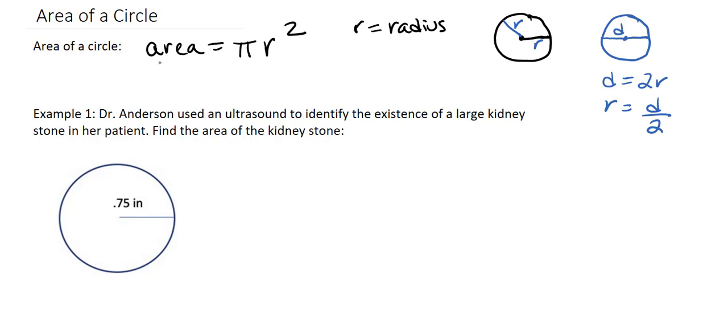So this is our area of the circle, and then this pi is a number on the calculator, right? And so pi, we can either use as 3.14, or we can use a button where it will go on infinitely, right?